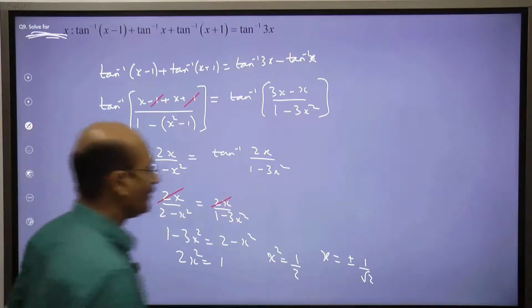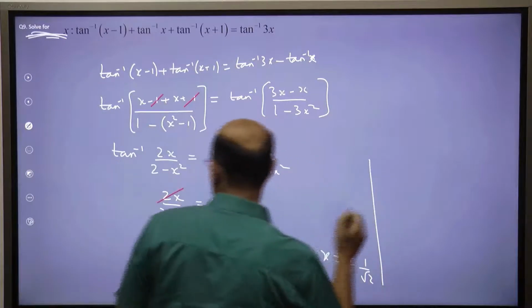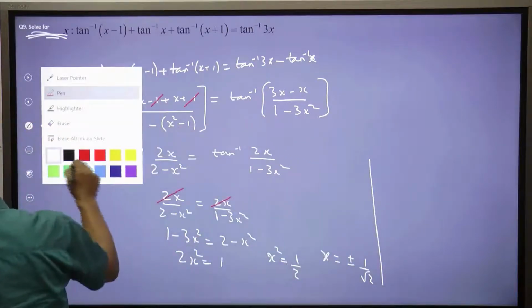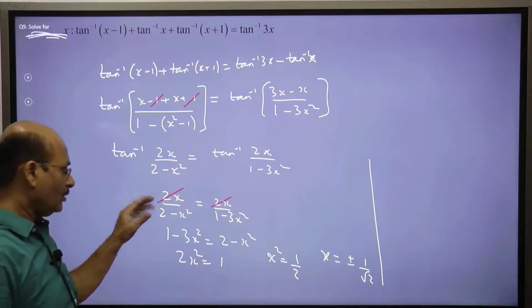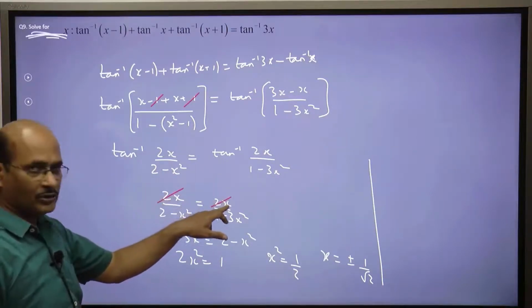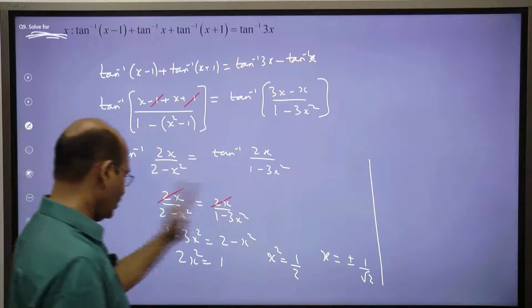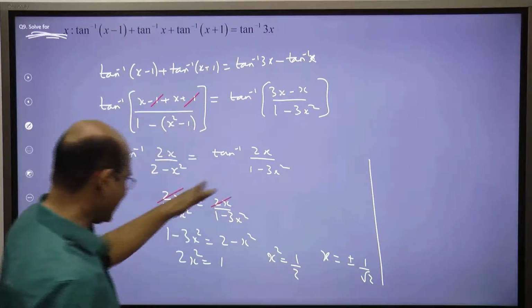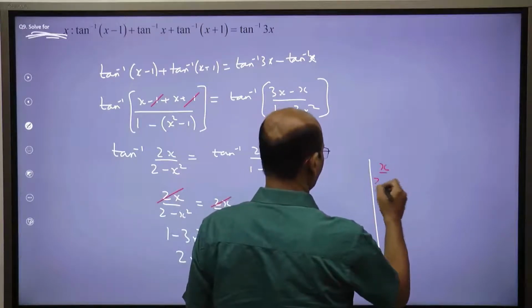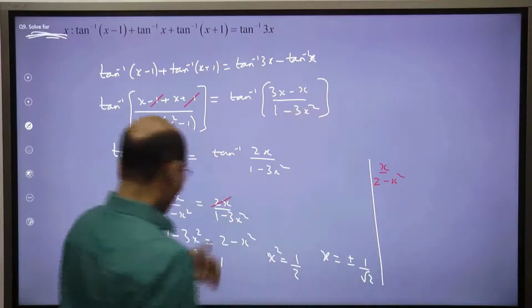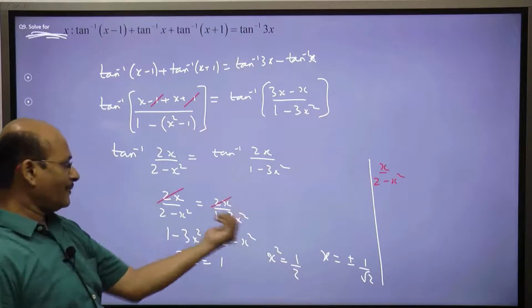So let us see one working. I'm purposely showing this because I don't want you to miss it. So that's the point. I don't cancel it out because 2x is 2x. So I just take this side, 2x, the number I can cancel. So x upon 2 minus x square, I take this x upon 1 minus 3x square on this side.